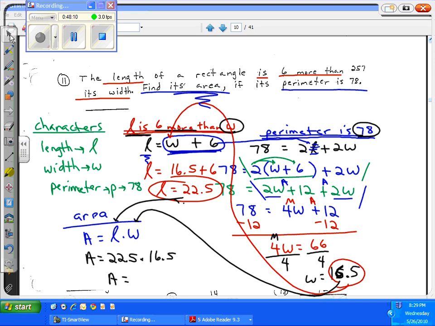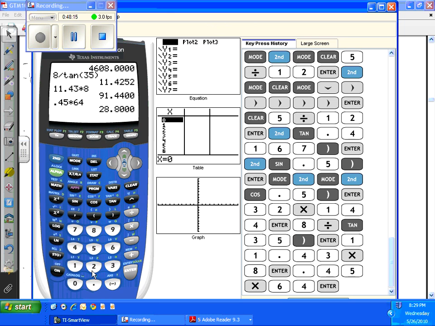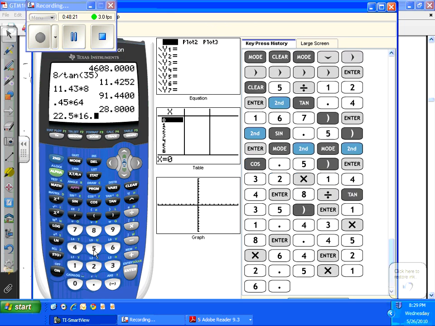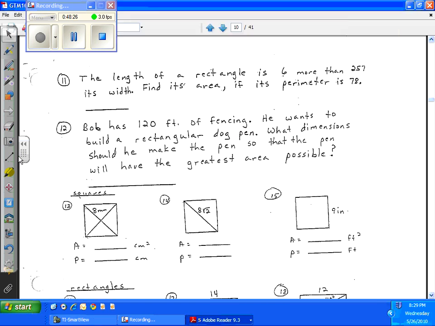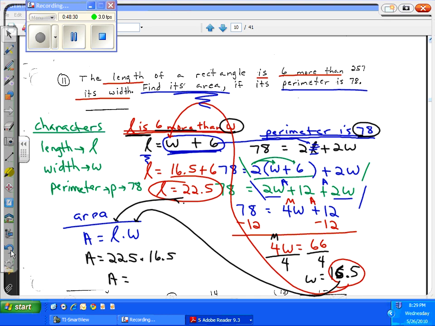So we're going to have 22.5 times 16.5. That's 371.25. Any questions on number 11?